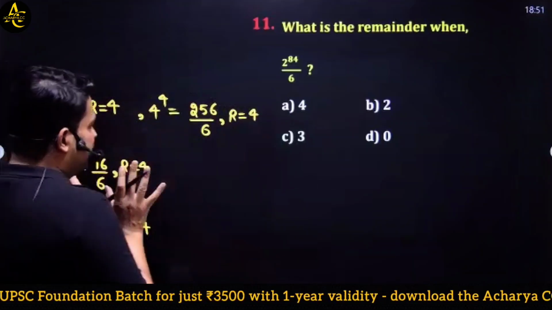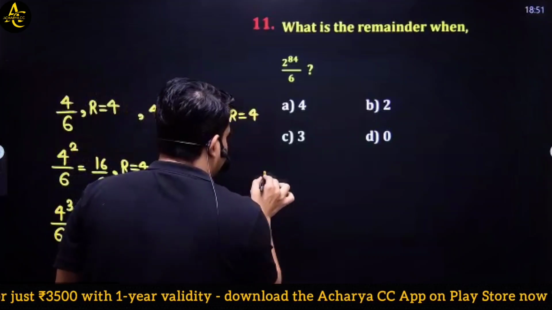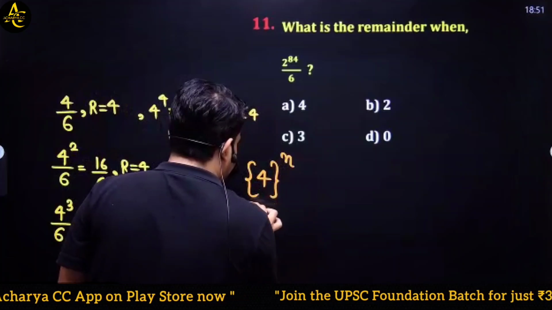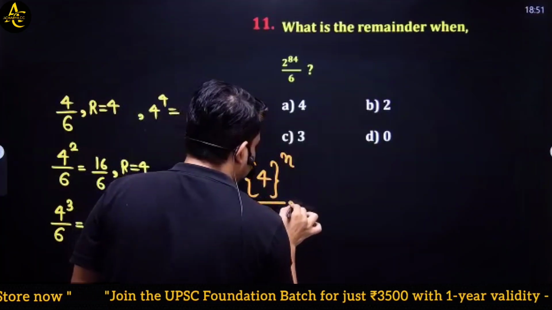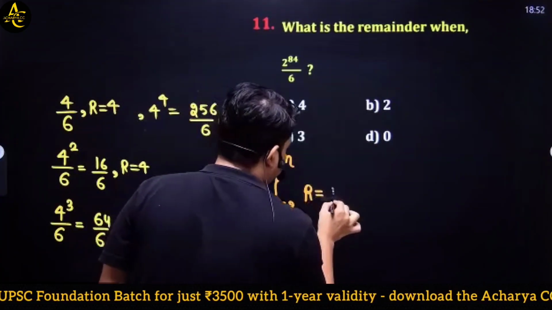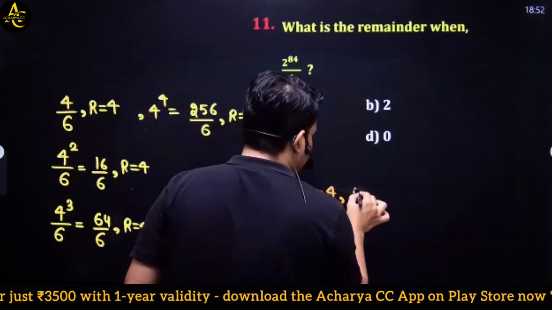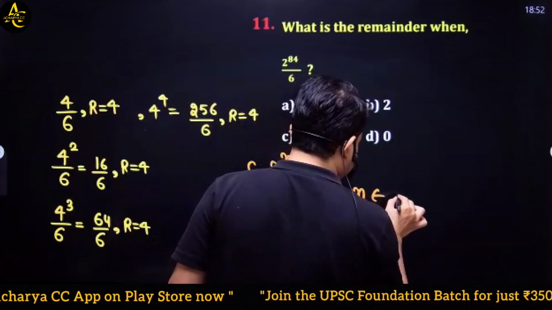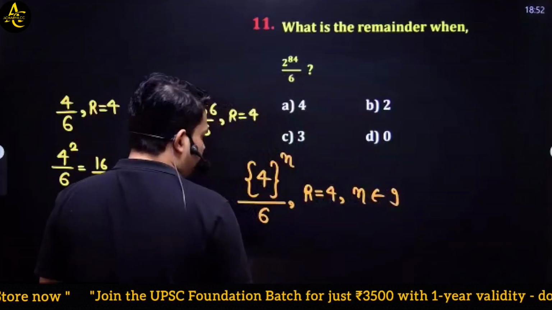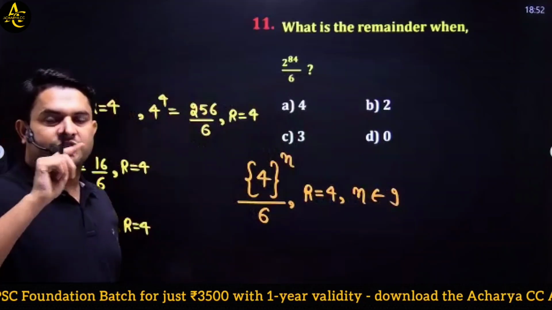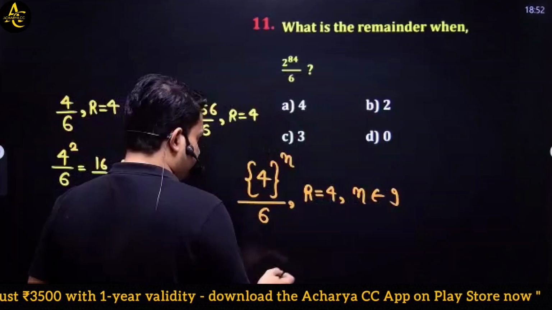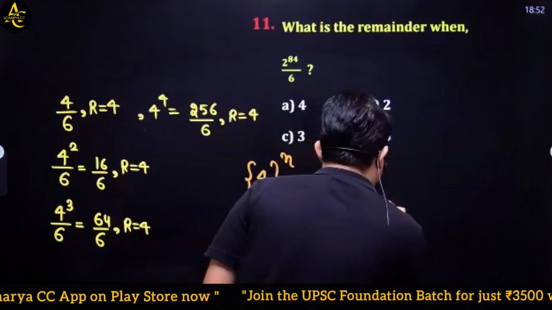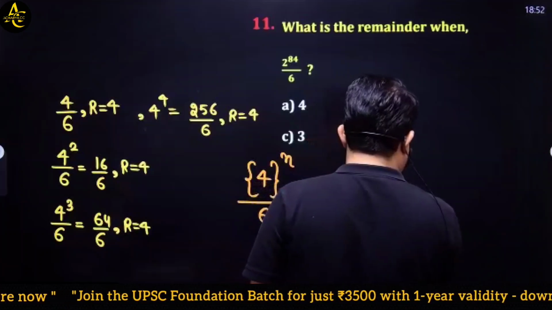It means we have a condition that 4 to the power n divided by 6, the remainder will always be 4, where n belongs to positive integers, that is, natural numbers.